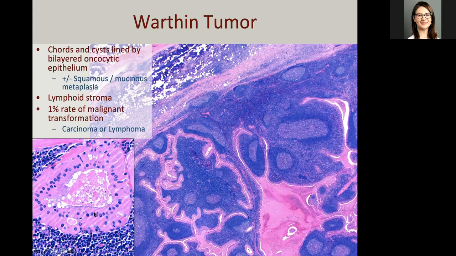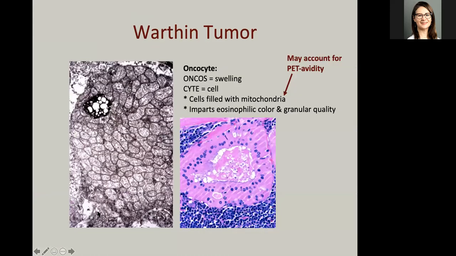So the characteristic oncocytic epithelium, what is that? So as you may remember, oncocyte basically means a swollen cell. And so these cells are filled with cytoplasmic mitochondria, as seen on the left here. So that little black thing is the nucleus. All of these little worms are the mitochondria.